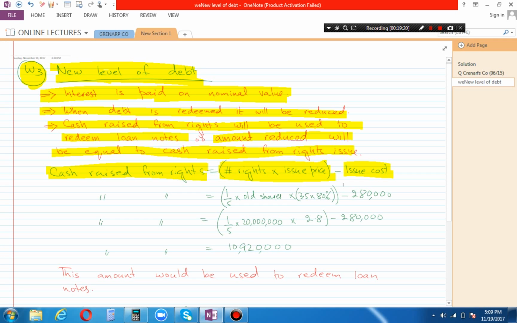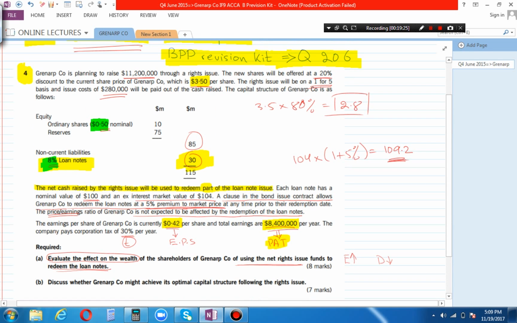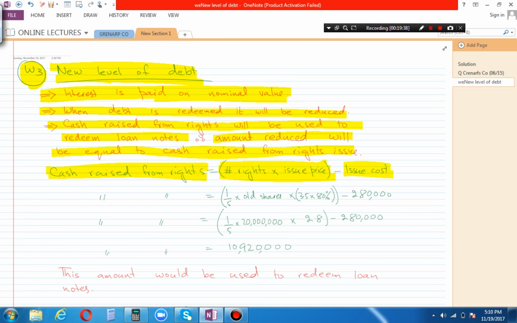The issue price in our question we calculated over here: 3.5 is the current share price, so 20% lower than that would be 2.8. That would be the price of the right.